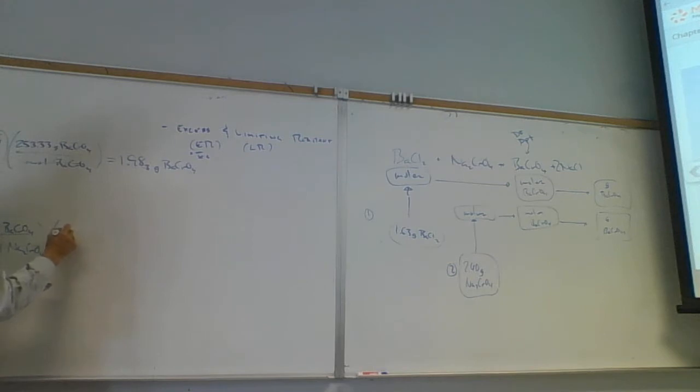It's 253.33 grams of barium chromate for every mole. That leaves us with grams of barium chromate. So it's going to be 2.4 divided by 161.98 times 253.33, which is 3.753.